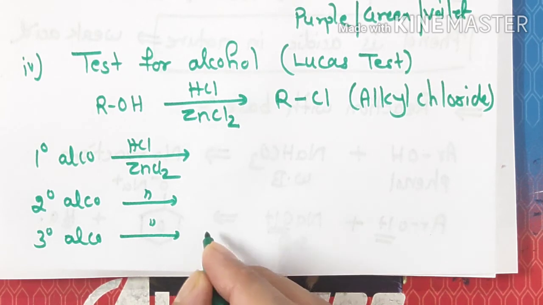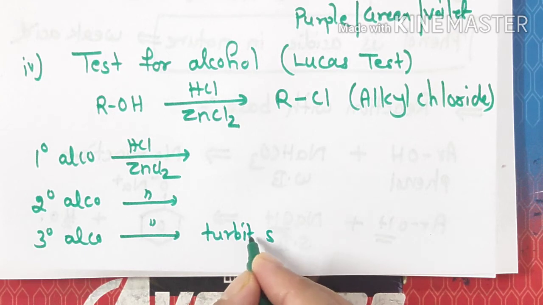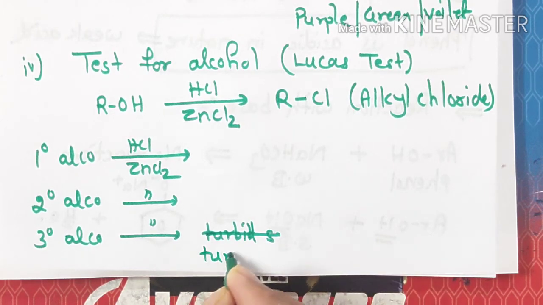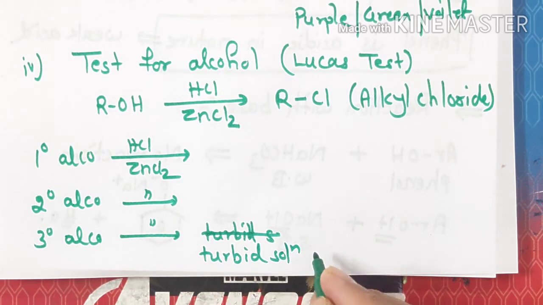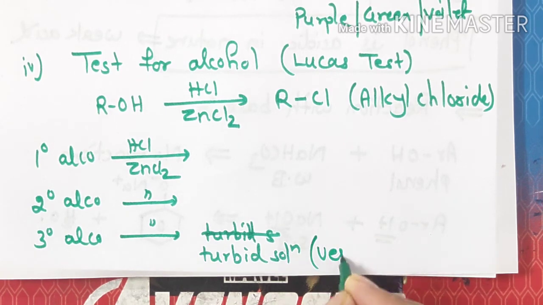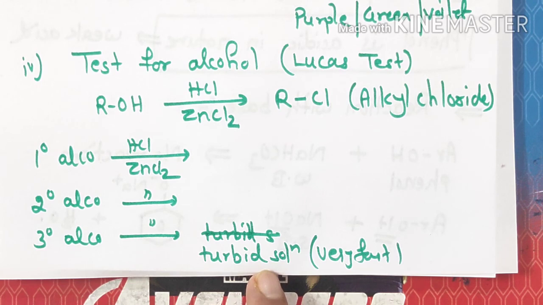So a turbid solution is obtained, and that too immediately. The process is very fast, very immediate. As soon as I put HCl and zinc chloride, a turbid solution is obtained instantly.